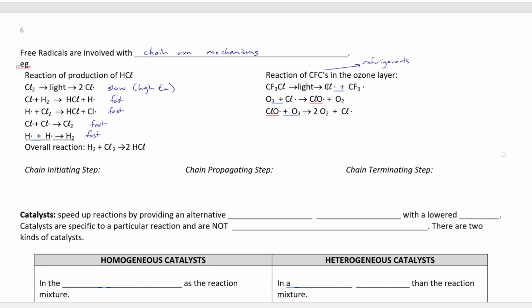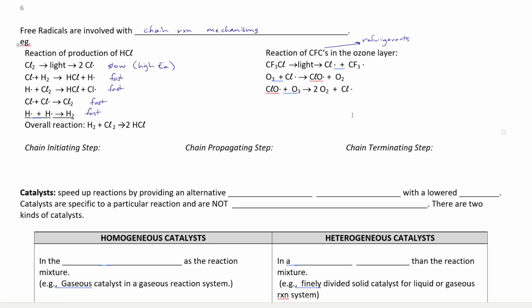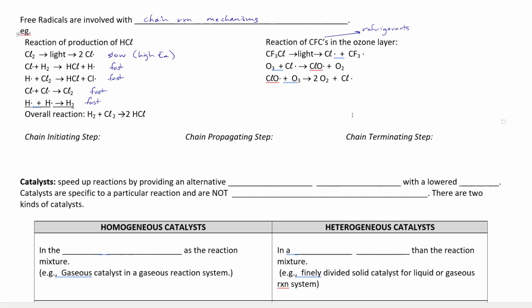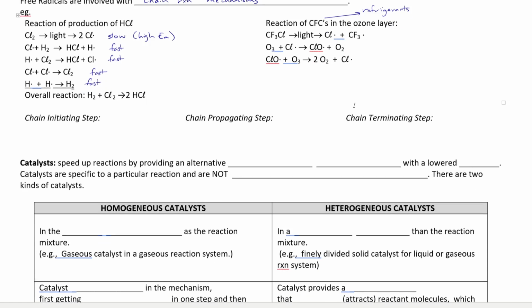The chlorine free radicals would then react with ozone in the atmosphere and deplete it, and in depleting ozone, the ozone becomes thinner and allows more UV radiation to penetrate. So the use of CFCs has now largely been banned.